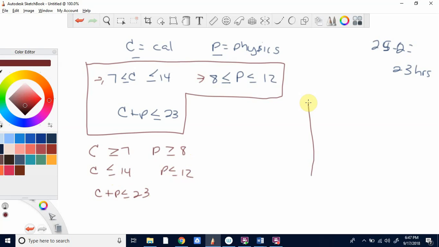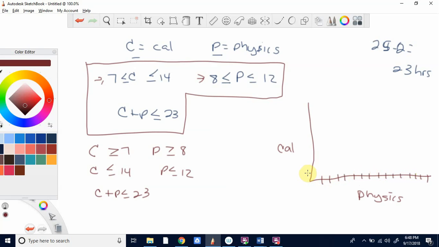And we're going to do our graph, so we don't care about the left side because we're not going to have negative hours. Okay, so these are hours, physics and calculus. And we're going to put physics over here as your independent, and we're going to put calculus as your dependent. So therefore, let's make our little marks. I don't know how many we need.